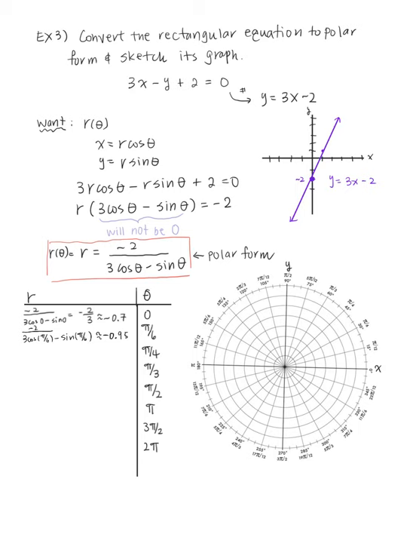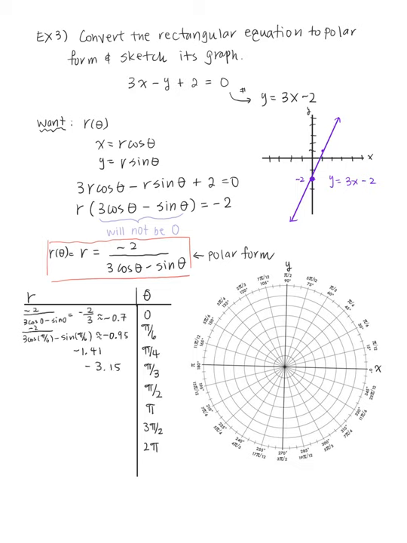All right, now let's go with when theta is pi over 4. Then what I got is negative 1.41. And when it's pi over 3, I got the corresponding r value to be negative 3.15.